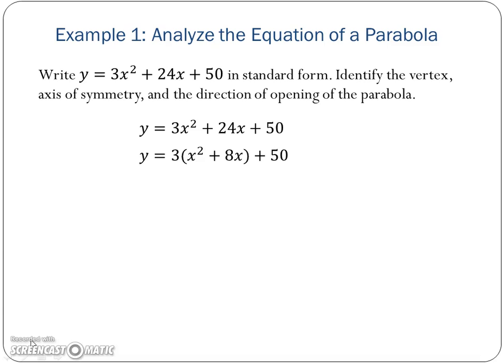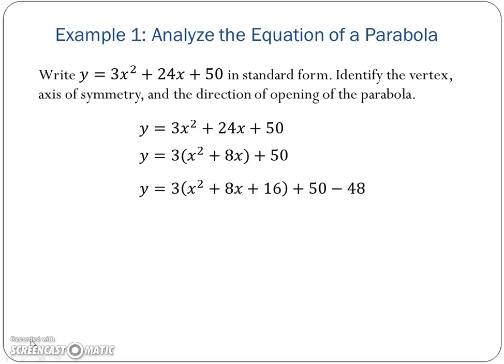Then I'm going to complete the square. I take 8x, 8 divided by 2, squared is 16. So I'm going to add 16 inside my parentheses. Since we're adding 16, we also want to subtract 16, but it's actually 16 times 3 because of the 3 in front of the parentheses. So we add 16 inside the parentheses, times 3 is 48, so we subtract 48 on the outside. That way we balance the equation; we didn't actually change it.